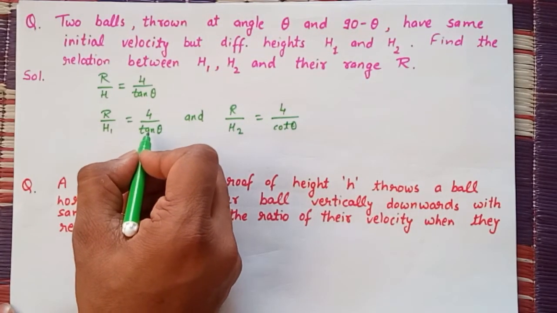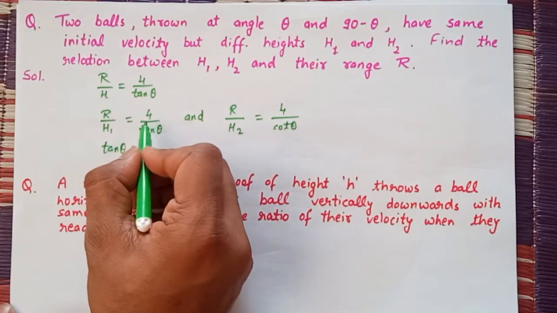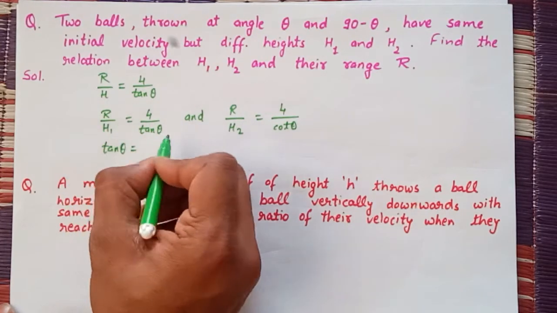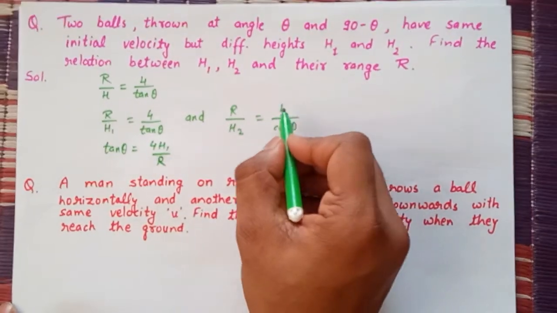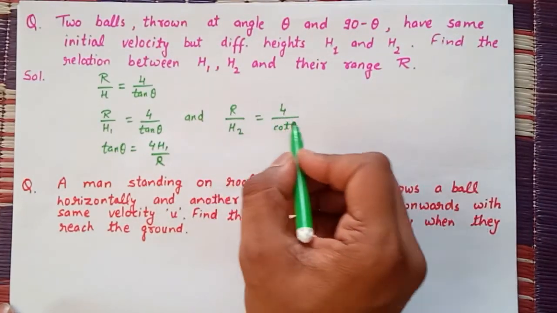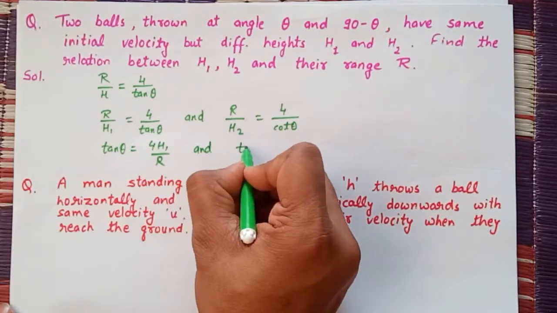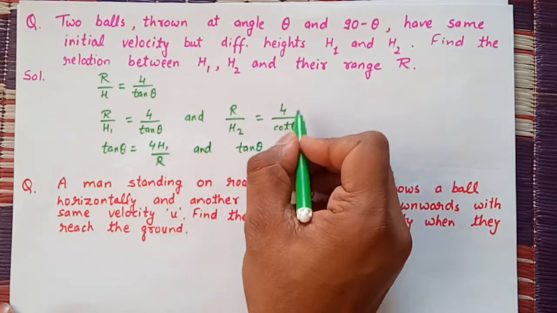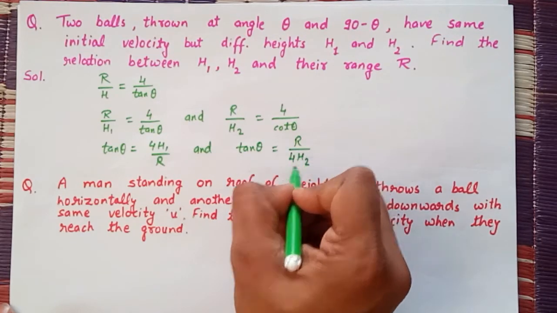What will be the value of tan θ from here? tan θ will be 4h1 by R. And from the second one, tan θ will be R upon 4h2.